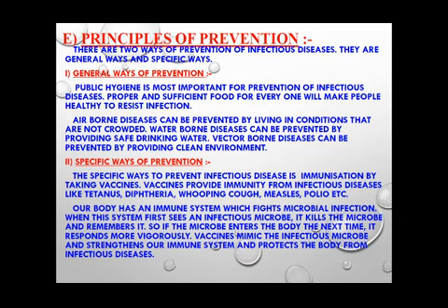So whenever that disease-causing microbe attacks our body, as we have taken the vaccine beforehand, our body will remember and start fighting that particular virus or bacteria with more vigorous actions. In this way our body gets protected from infectious diseases.